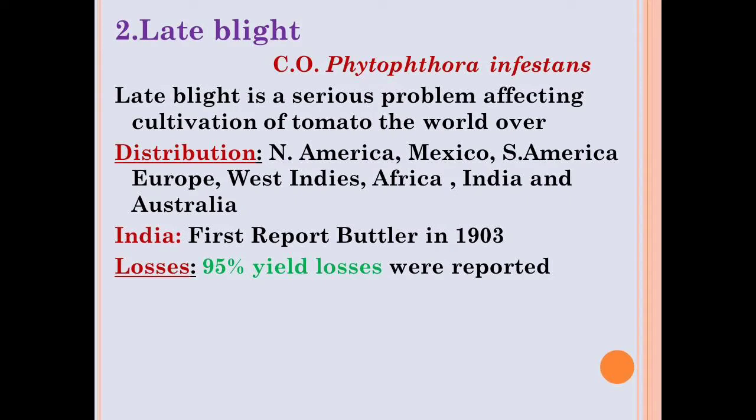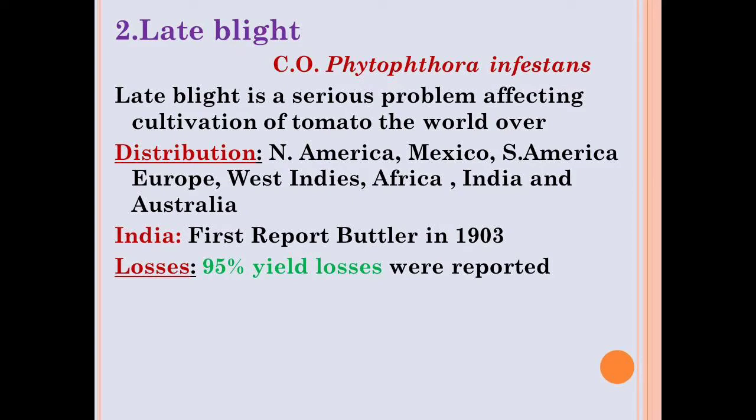In India, it was first reported by E.J. Butler in 1903. And in 1845, it was the Great Irish famine that you already know about from the history of Ireland. That means 1.5 million people died and half a million people migrated from Europe.